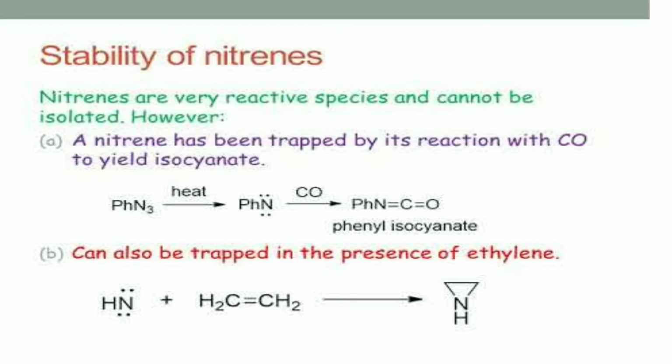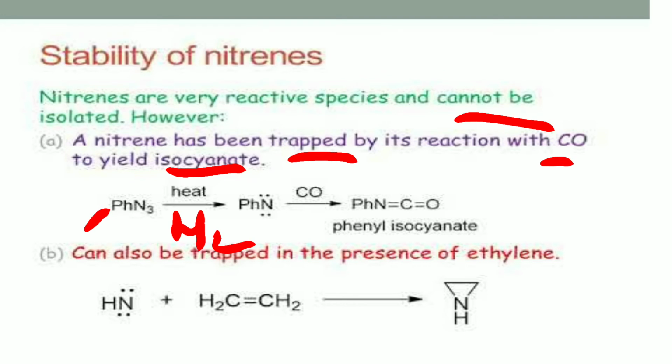Now let us learn the stability of the nitrene. Nitrenes are very reactive species and cannot be isolated. However, a nitrene can be trapped by its reaction with carbon monoxide to yield an isocyanate. You can see in this reaction, PhN3, on heating, by the removal of N2 gas, gives PhN.